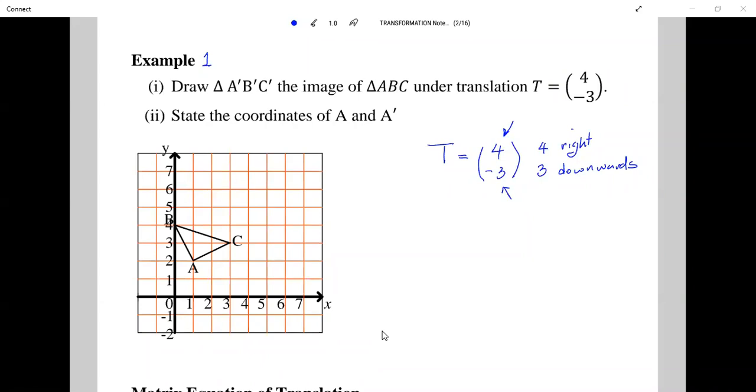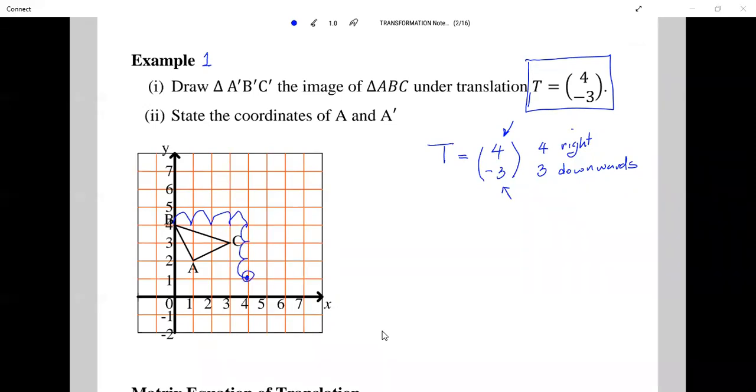So let us move the point B. The translation vector here is telling me to move the shape 4 units to the right and 3 units down. Let us move B. 1 unit, 2, 3, 4 units to the right and 3 units down. 1, 2, 3.